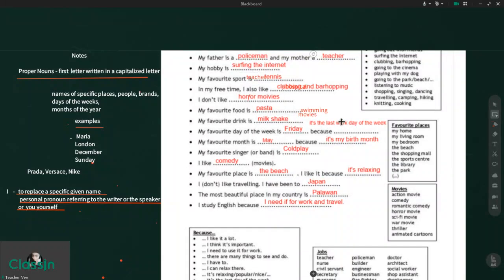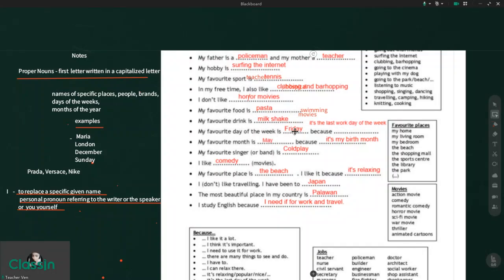Here, because it's the last day of the week, written in this section just above the line because it's too short.